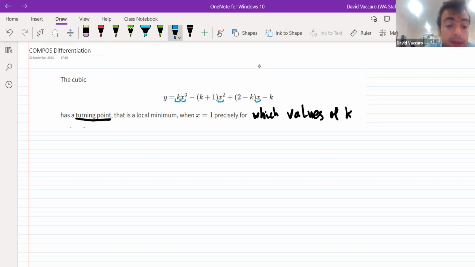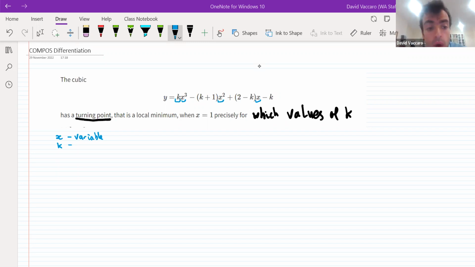Okay, and it's important to recognize that when we differentiate, x is the variable, and k in any particular instance is a constant, but it's a constant that can vary. So it's temporarily constant, but then we look at different values of it. And it's just important to get the right terminology.